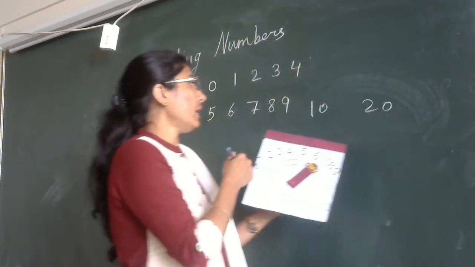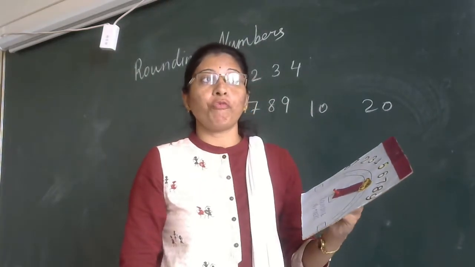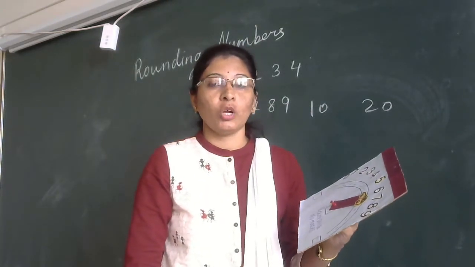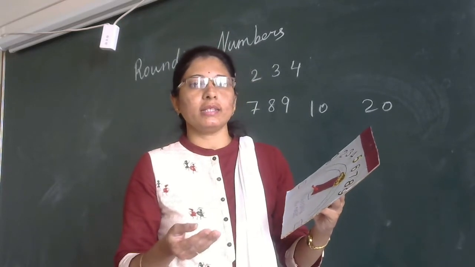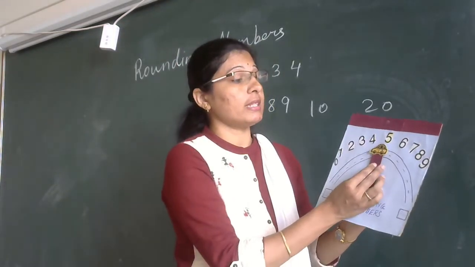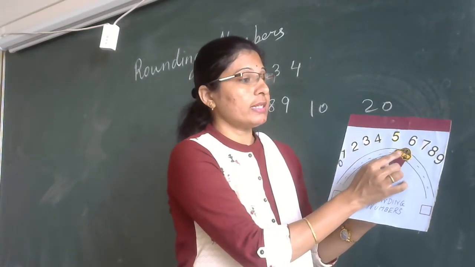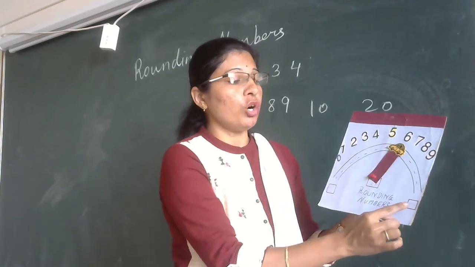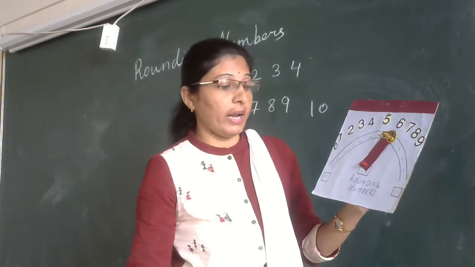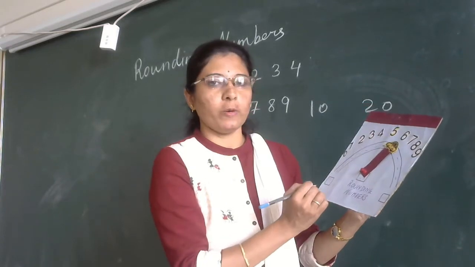Now if I take any other number, we have to round off 43 or 46. Now 46 is there. Now in 46 we can see 6. Where is 6 here? This box here. 6 is nearer to this side, the greater number. It is greater and this is smaller.